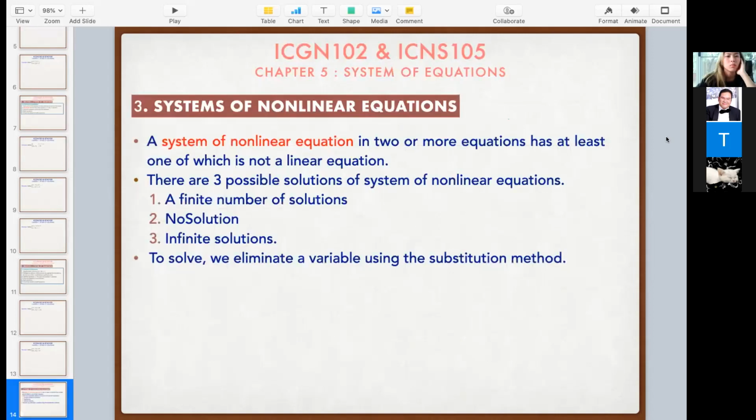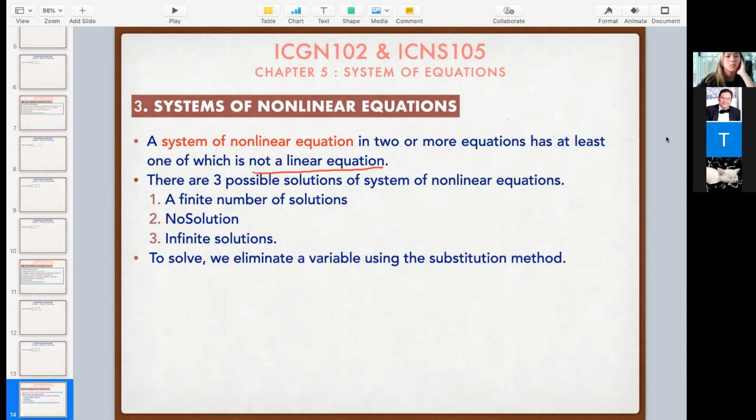On the next slide, I'm talking about systems of nonlinear equations. In the previous slides, we talked about systems of linear equations, but right now we talk about nonlinear equations. A system of nonlinear equations in 2 or more equations has at least one that is not a linear equation.